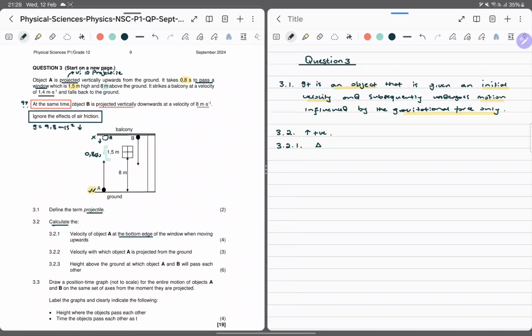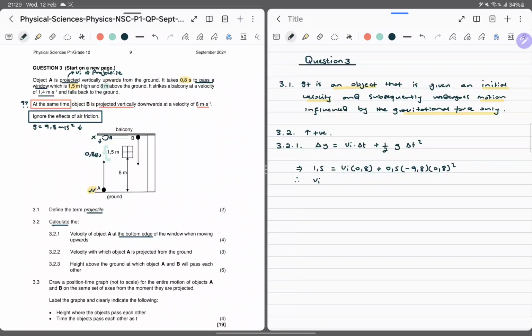We can say delta y is equal to initial velocity times delta t plus half g delta t squared. Now this implies delta y is 1,5 because this is in the direction upward, equals the initial velocity, which is what we want, times the time 0,8, plus 0,5 into g, which is downward, so it's going to be negative.